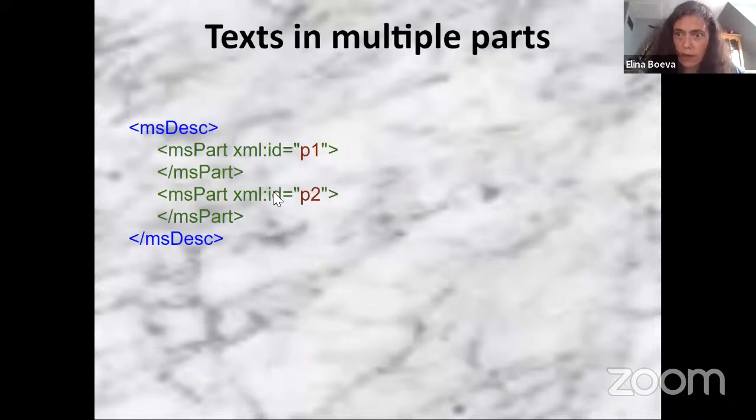This is something important, and I have an example prepared for you. If you have text in multiple parts, sometimes your inscription might be, on a sarcophagus for instance, a small inscription on the lid, another inscription on the right side, and another on the left side.